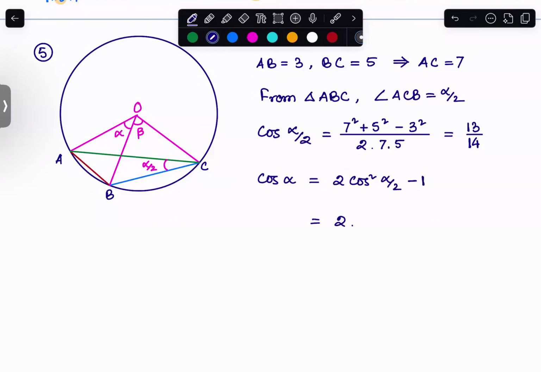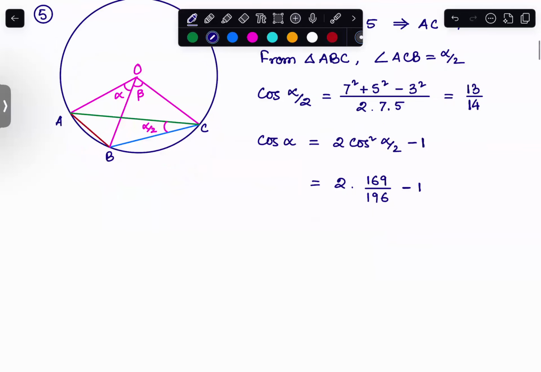So that's 2 into 169 by 196 minus 1, right?